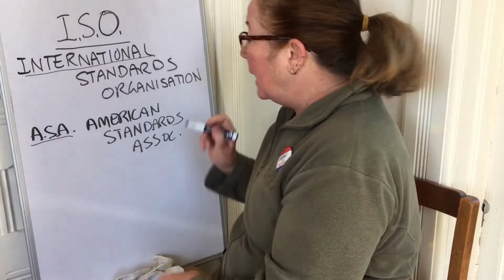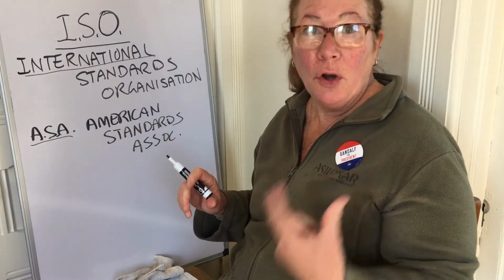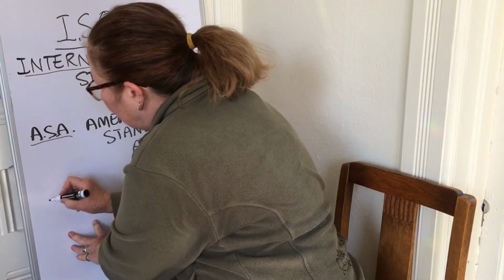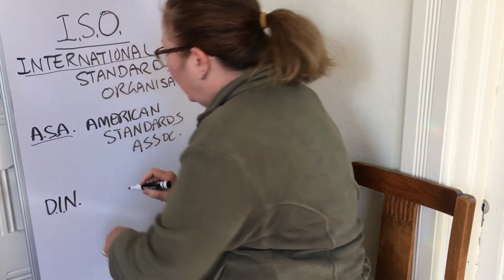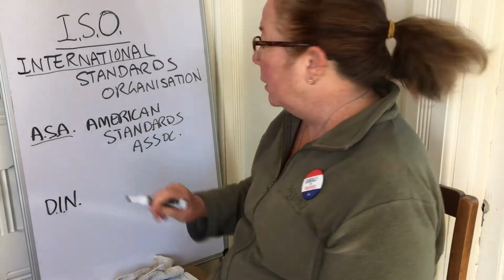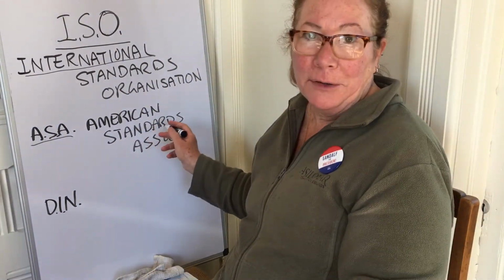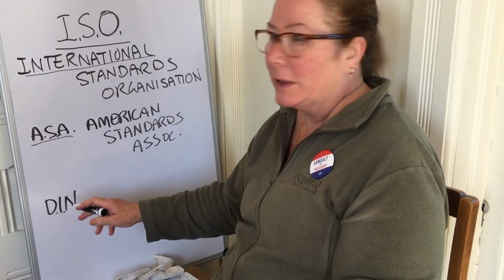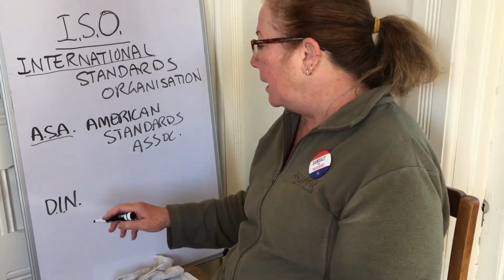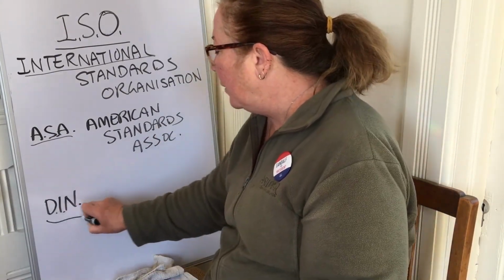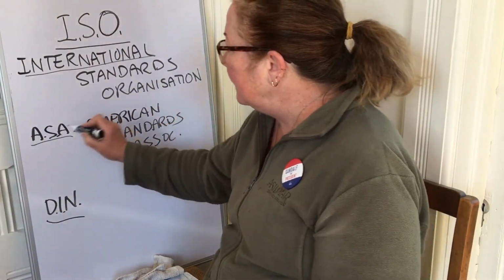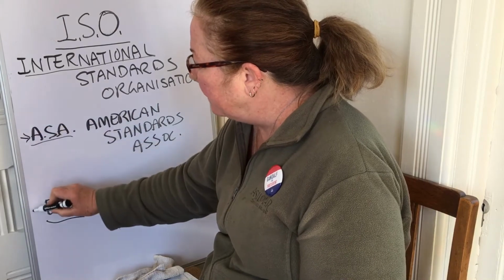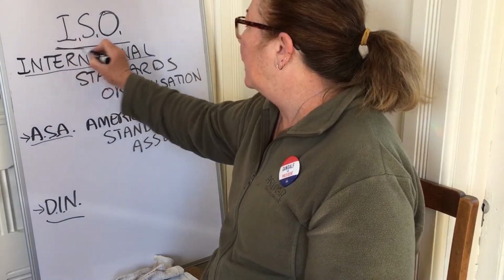You might see that. And if you had an old camera that was from Europe, you might see this instead. It might say DIN. That is German for standard, whatever standards organization. I'm sure it's Deutsch something or other, and of course I don't speak German, so I can't really help you there. But these are the same thing as the ISO.